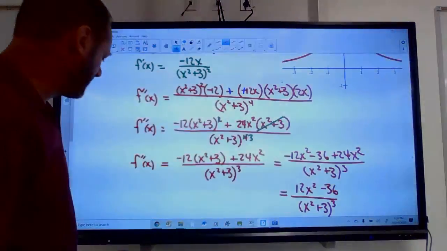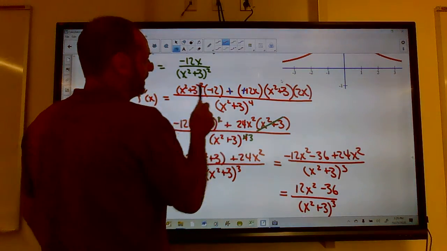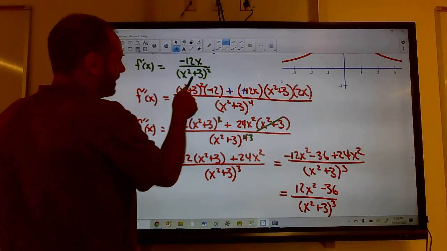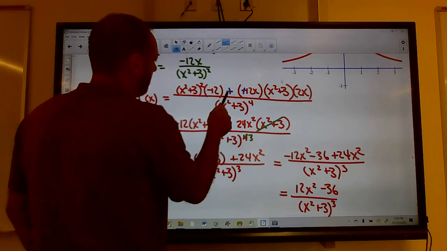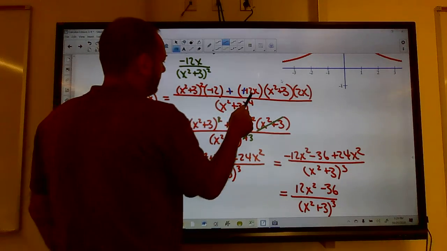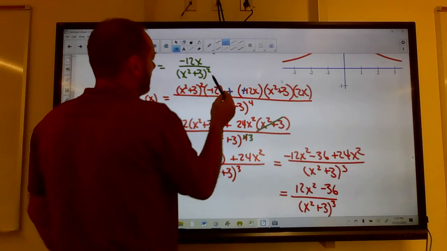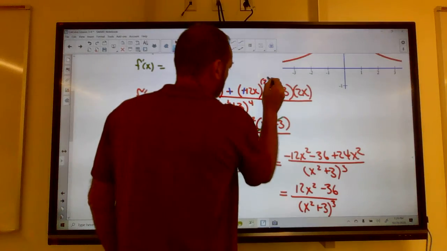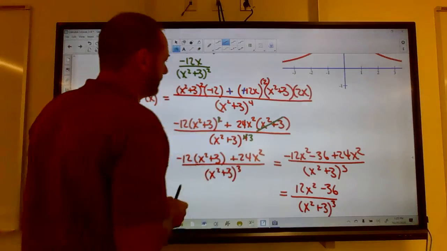Okay, I found my mistake here. So in this line right here, remember it's x squared plus 3 squared times the derivative of the numerator, which is negative 12, minus the numerator, negative 12x, times the derivative of the denominator. So that should have been 2 times this. I forgot that there's a 2 right in there, times x squared plus 3 to the first power times 2x.